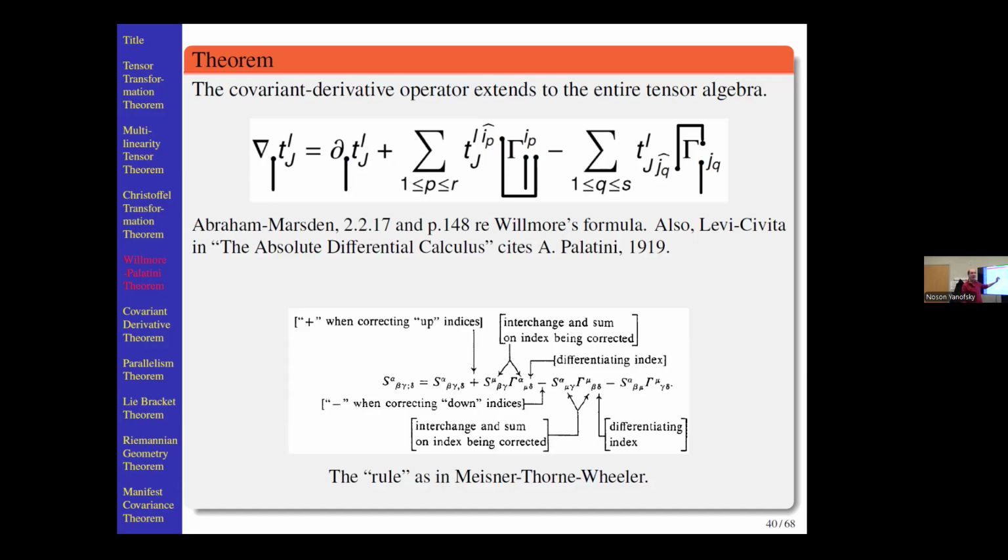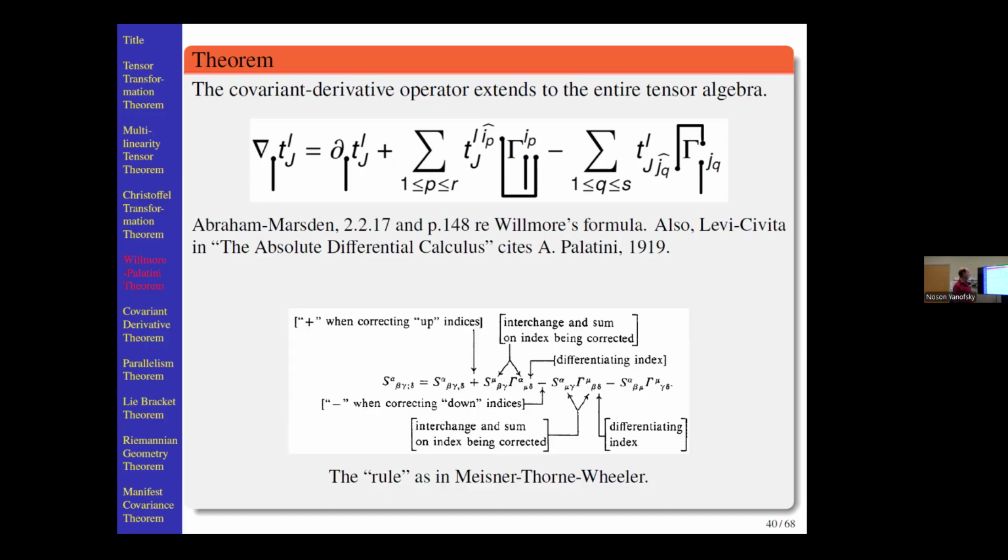You drop IP out, replace it by a contraction with a covariant index, so to speak, of the Christoffel symbol, and add those all together. That takes care of transforming the Christoffel notation for the upper index. For the lower index, you subtract, but it's the same idea. You drop out JQ and add in a contraction with the upper index of gamma.